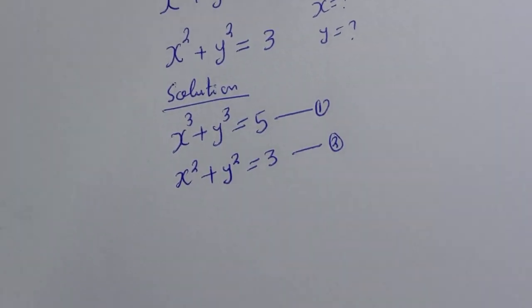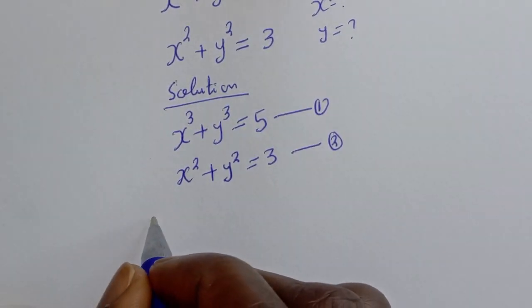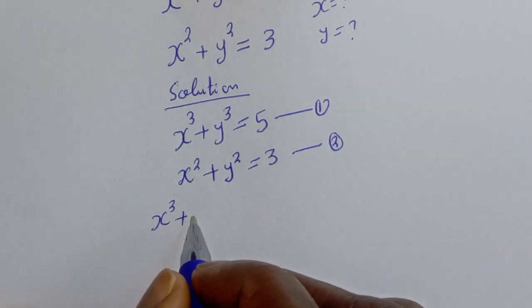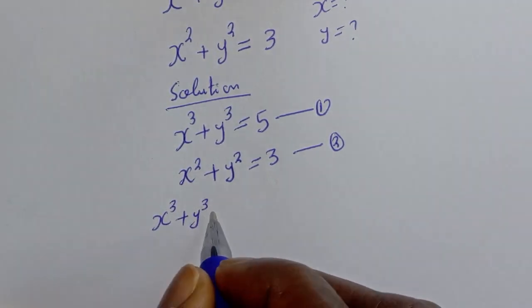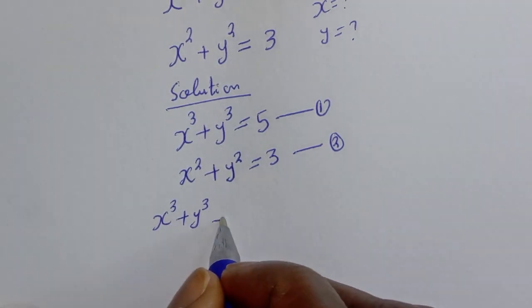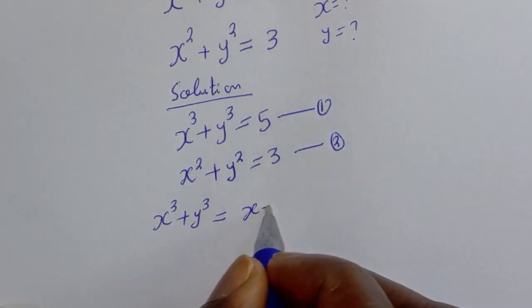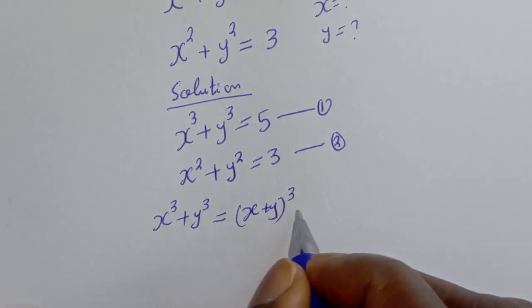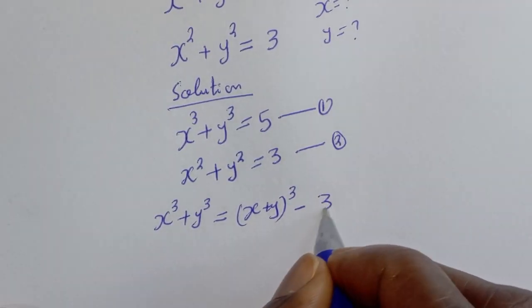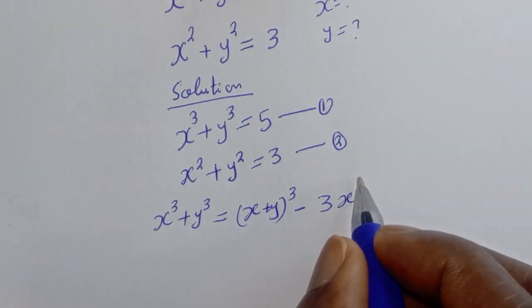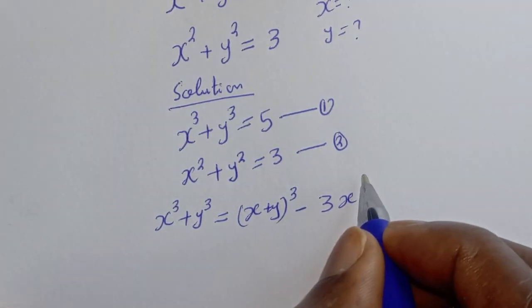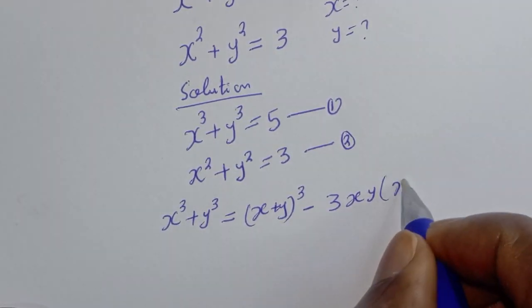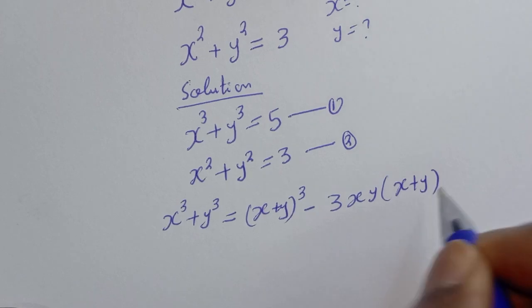We know that if you have x raised to power 3 plus y raised to power 3, this is equal to (x plus y) raised to power 3 minus 3xy bracket x plus y.